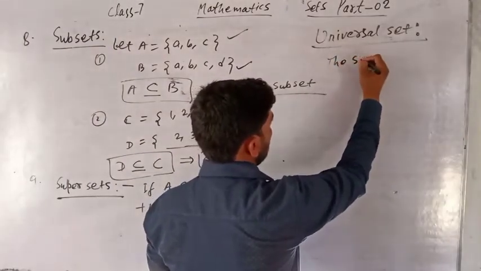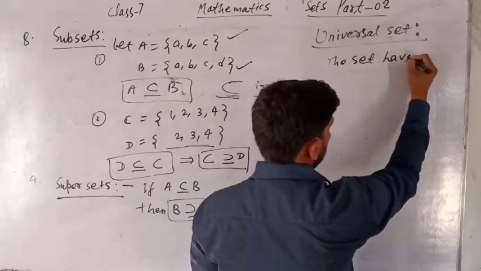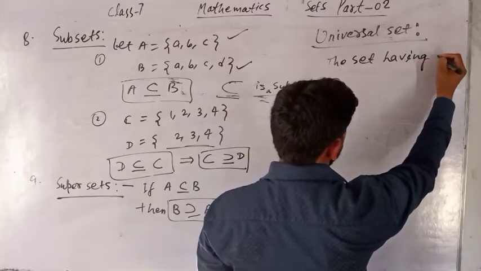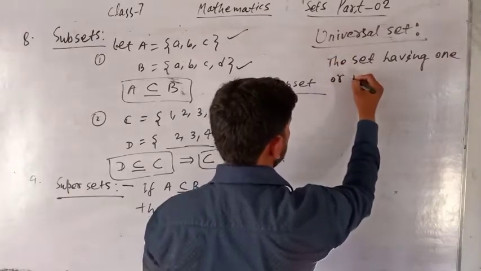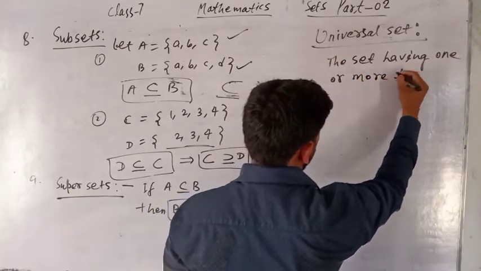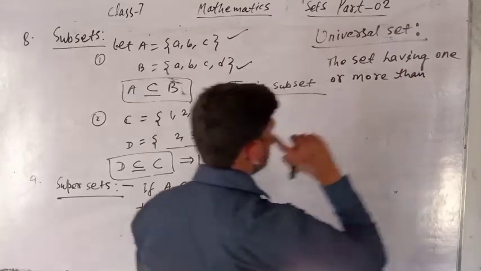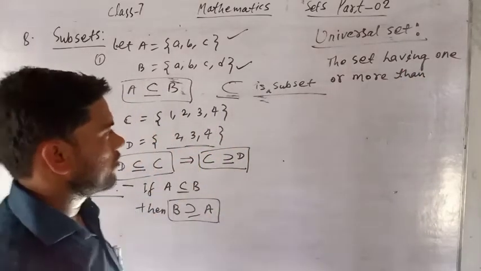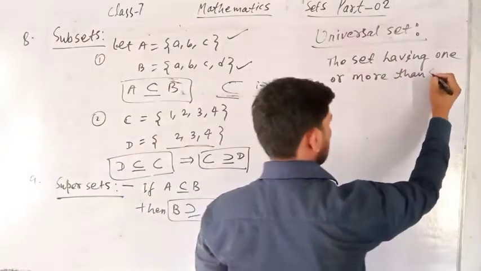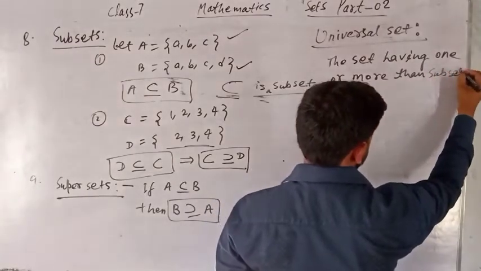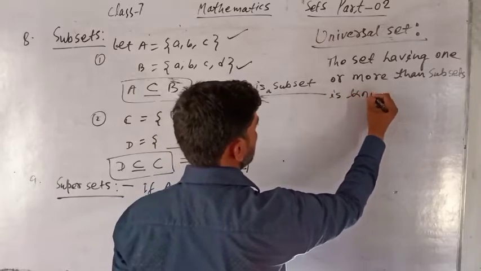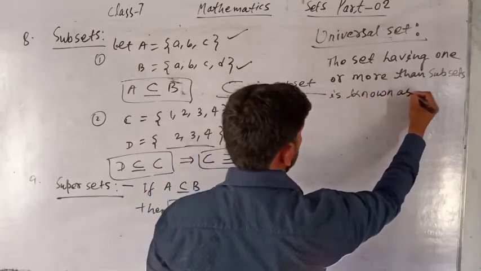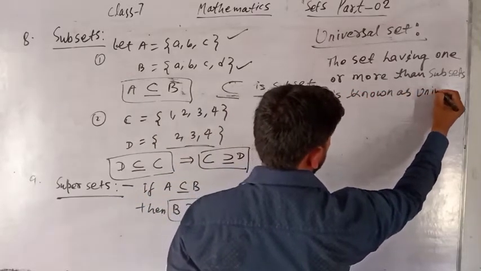The set having one or more subsets is known as a universal set.